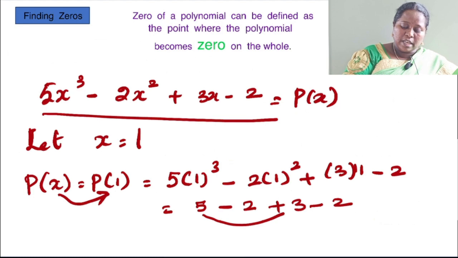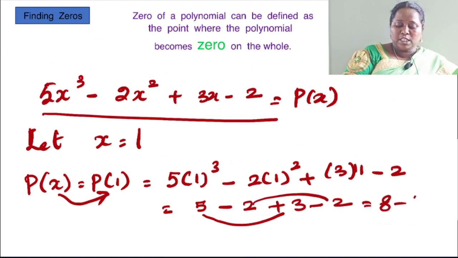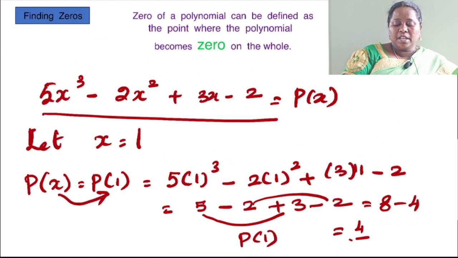So 5 plus 3 is 8, minus 2 is minus 4, the answer is 4. So at p of 1, we are getting 4. So, 1 is not the 0 of the polynomial.